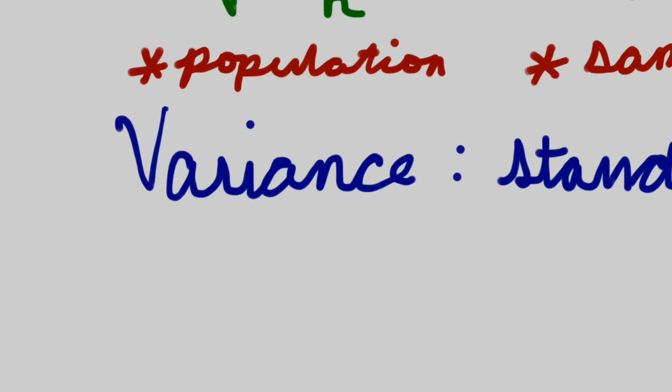And then last but not least, we have variance, which is our standard deviation squared. So that would be for a population, and we would have our sample standard deviation squared for a sample. We typically see variance later when we're doing in-depth analysis of hypothesis testing.